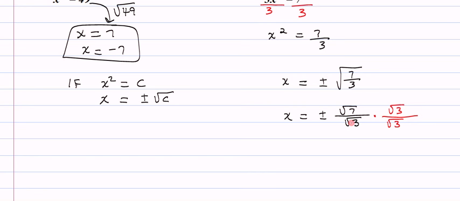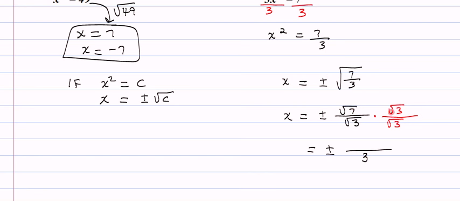Because we know that the square root of 3 times the square root of 3 is going to give us the square root of 9. Because remember, when you multiply two radicals together, you just multiply the things underneath the radicals. Well, the square root of 9 is 3.